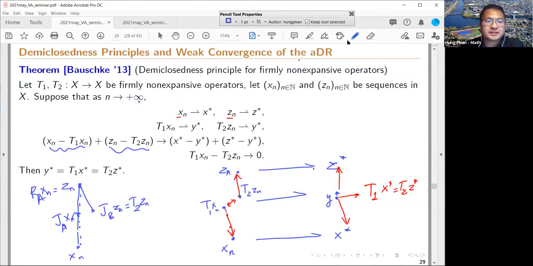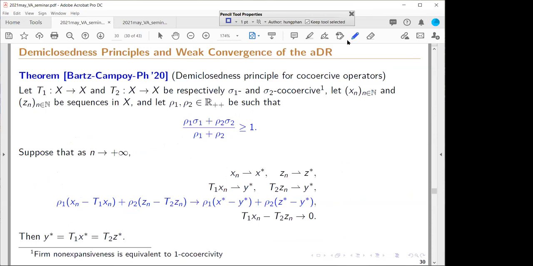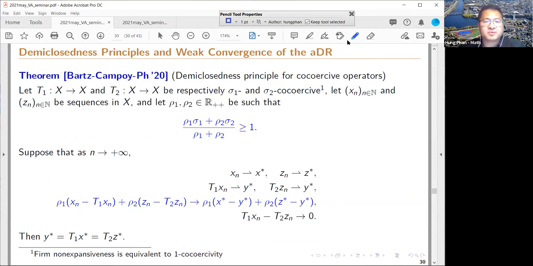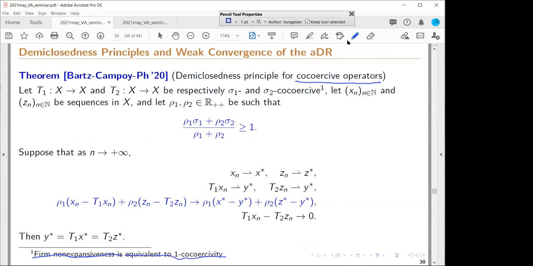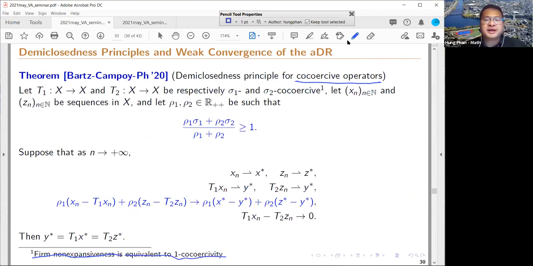Okay, so based on that, Sedi and Ruben Campoy and I worked on a project where we developed the demiclosedness principle for cocoercive operators. So keep in mind that firmly nonexpansive is equivalent to 1-cocoercivity. And at first we thought that it was simply a replacement of some parameters in the original result by Bauschke.